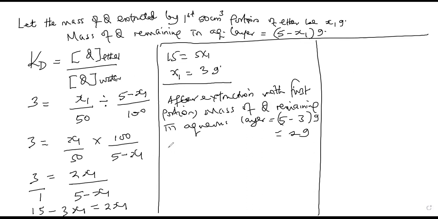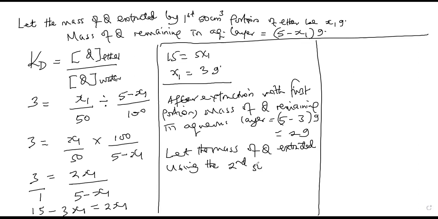So let the mass of Q extracted using the second 50 cubic centimeters portion be x2 grams.